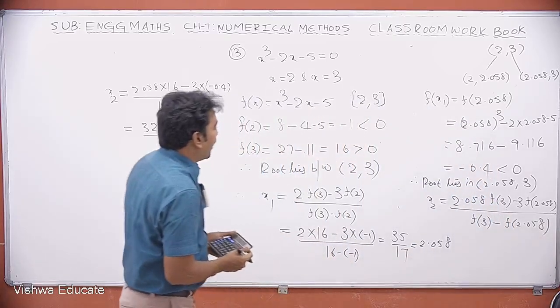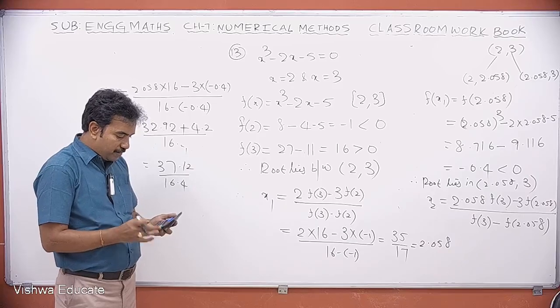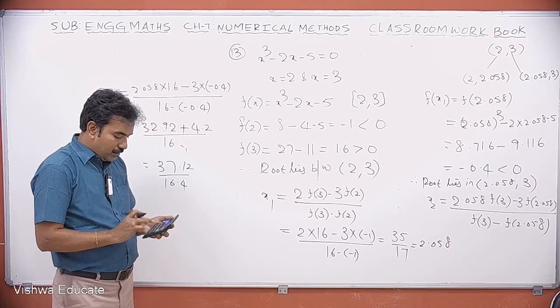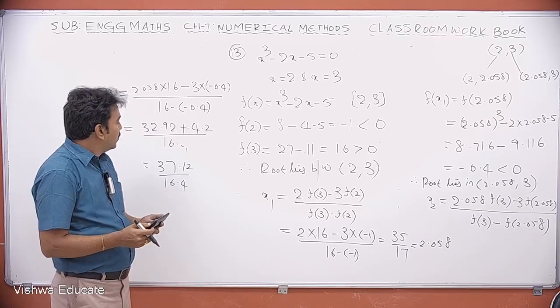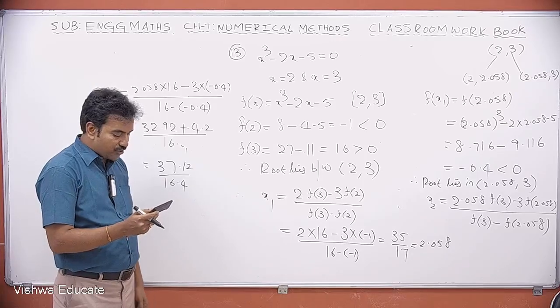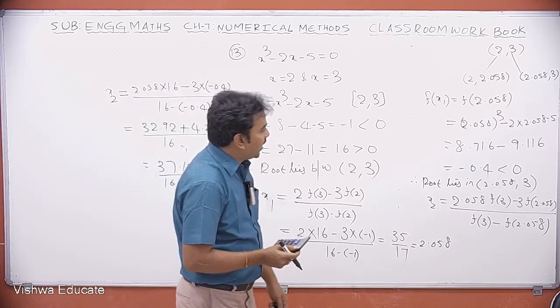So this is minus 0.4. So it is giving a wrong evaluation. Let's cross check it. F of 2.058.